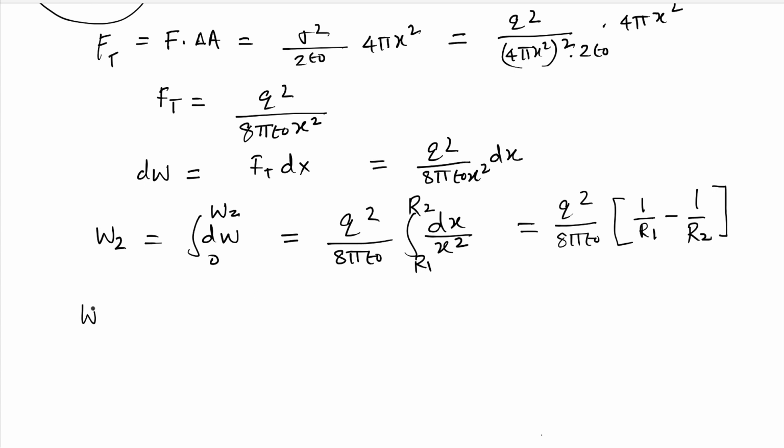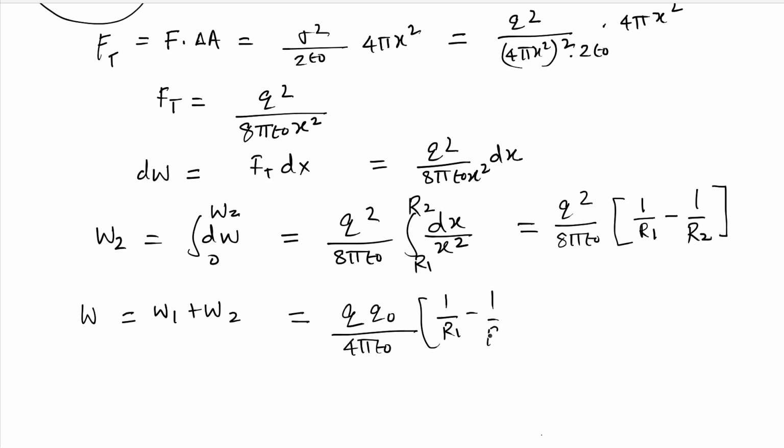And therefore the total work will be W1 plus W2, which is q0 by 4 pi epsilon naught times 1 by R1 minus 1 by R2, plus q square by 8 pi epsilon naught times 1 by R1 minus 1 by R2.